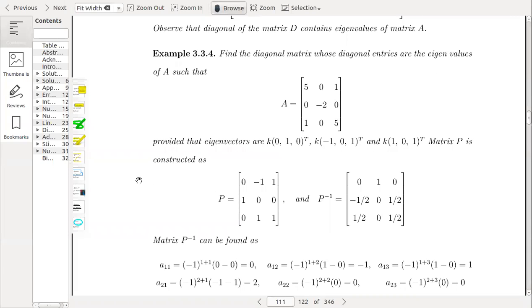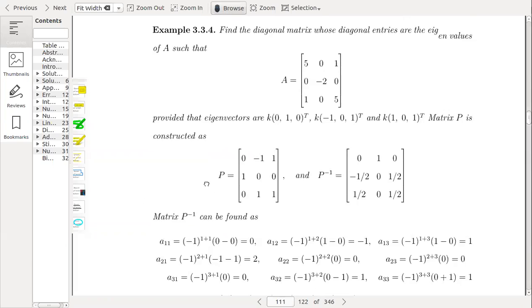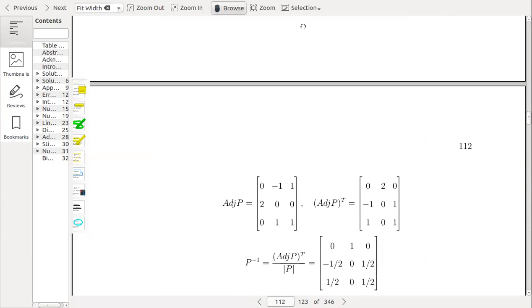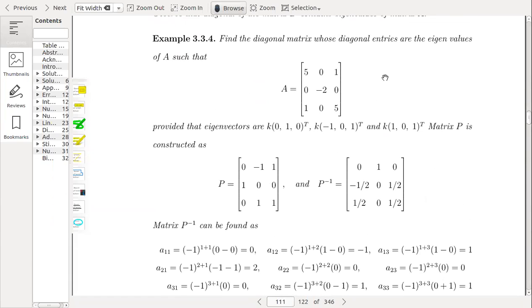Matrix P is constructed as follows. It's not necessary to multiply with k; we can consider it a mistake. So just these eigenvectors are 0, 1, 0, and minus 1, 0, 1, and 1, 0, 1.